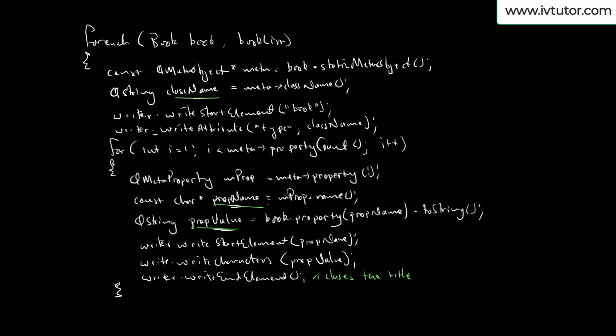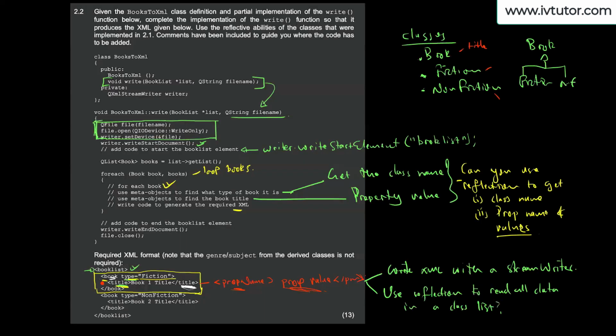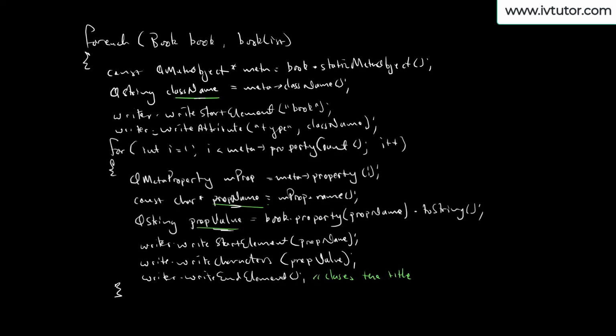This loop is going to do everything that's inside your book. When this loop is done, you close your book, right? At the end, you have to close your book and then your book is done. So at the end of the loop, I have to write writer dot write end element. And this closes book.